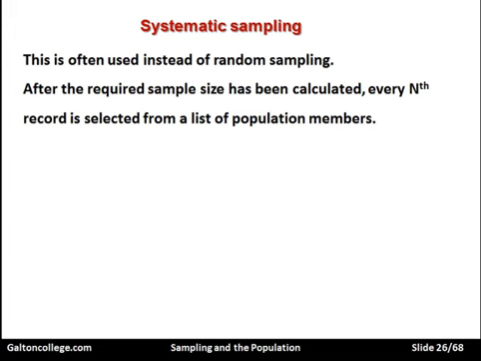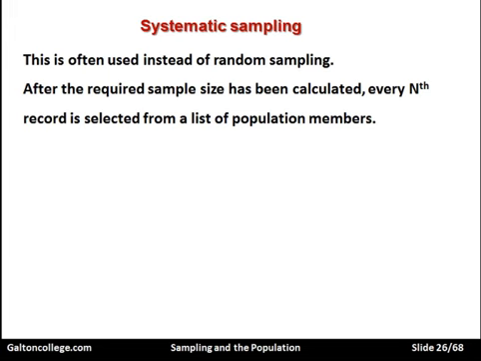So, first of all, work out how big the sample should be, and then pick every 10th member of the population. Or if it's done geographically, pick a street and then pick a house, try and pick those randomly, and then pick every 4th house or every 6th house or whatever.